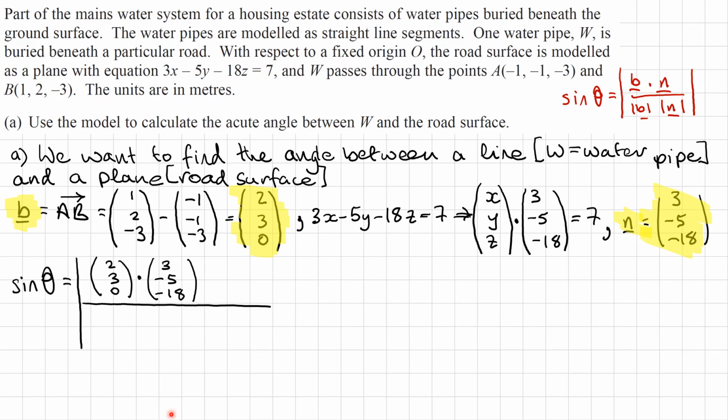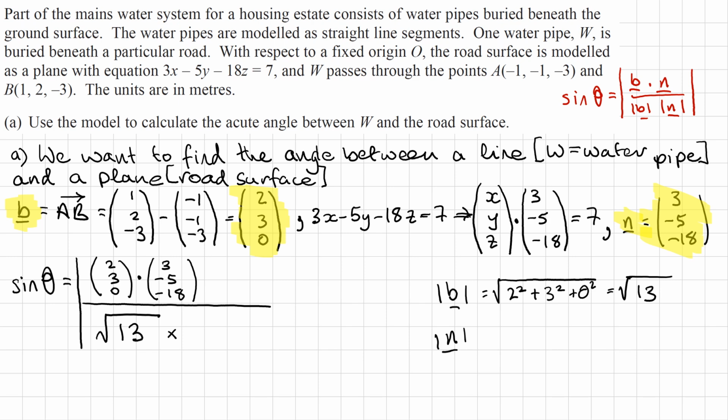I'll do this calculation over the side because it's going to be a big massive thing down here. So length of B is going to be equal to the square root of 2 squared plus 3 squared plus 0 squared. So that gives me root 4 plus 9, so root 13. So I'll put root 13 here. And this is going to be times the length of the normal. And so that's going to be the square root of 3 squared plus -5 squared plus -18 squared.